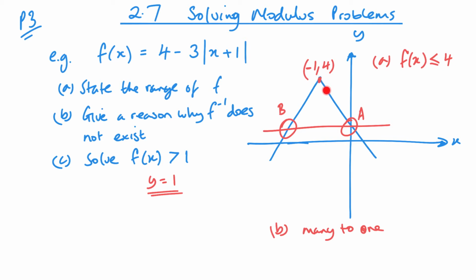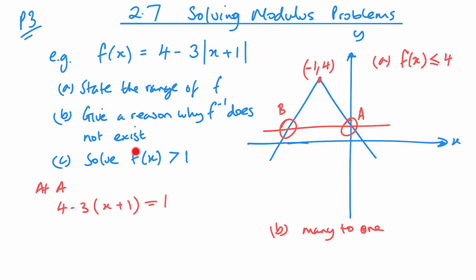So if I look at A, this is the normal part of my graph. This part of the graph is unaffected by the modulus sign, because it's a minus 3x type of graph. So to work out A, at A I'm going to write the graph exactly how it is, as if the modulus isn't there, and that's going to be equal to 1.